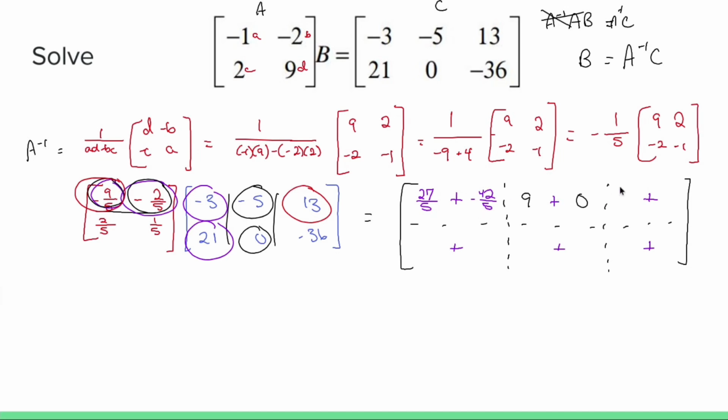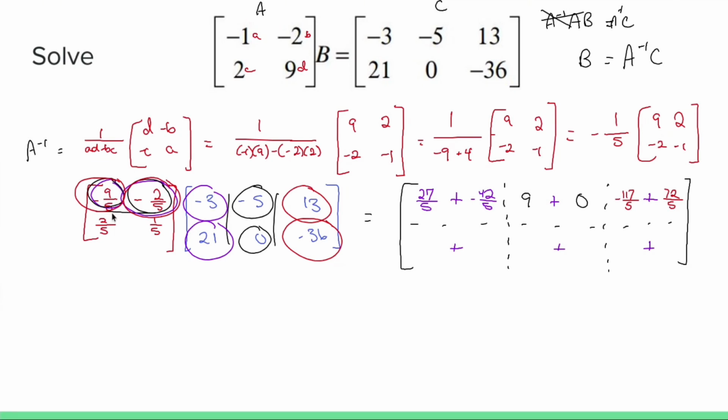Yep. Oof, don't like that. And then negative 2 over 5 times negative 36 over 5 is going to be positive 72 over 5. Gross. Yuck. All right, row 1's done.